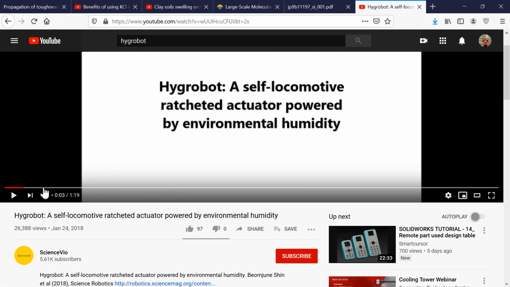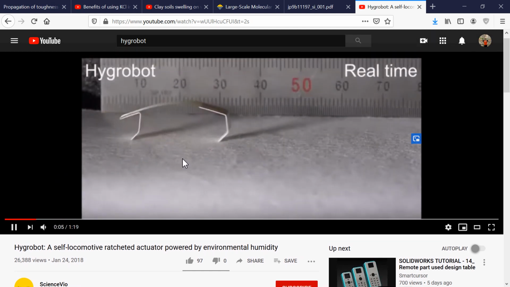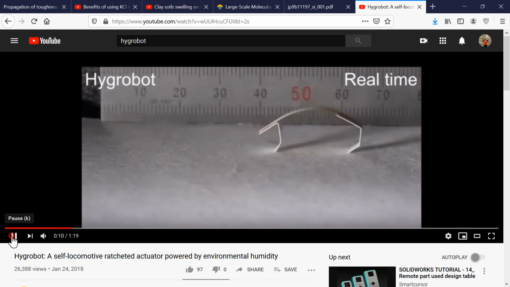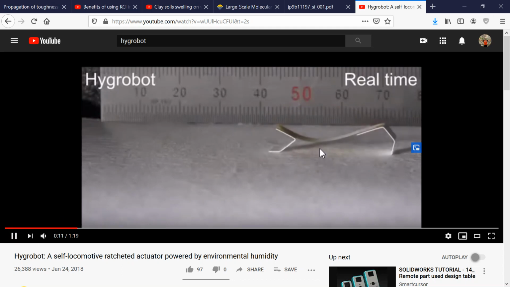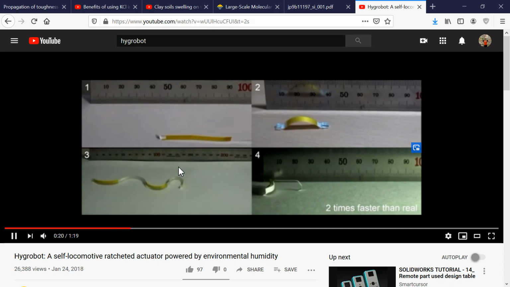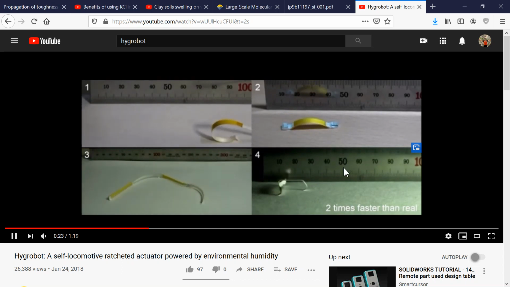In this case, what we see is what is called a hygrobot. Hygro comes from humidity, relative humidity, and what we're going to see is a solid that is designed in such a way that the changes in relative humidity, which are being varied in cycles, cause this solid to move. There is no motor in here, there is nothing. It's just the change of relative humidity that makes these solids bend and respond to that action.